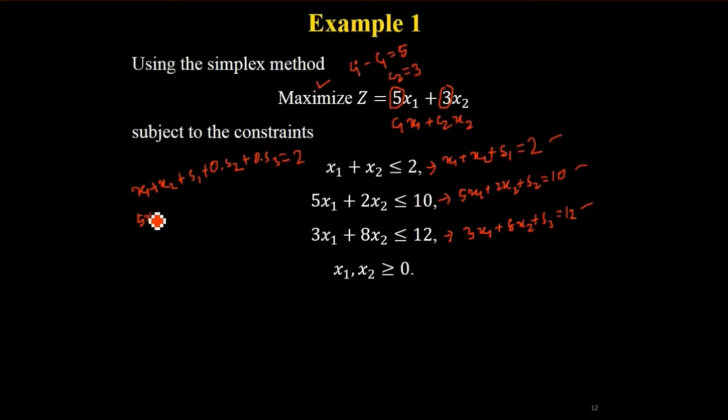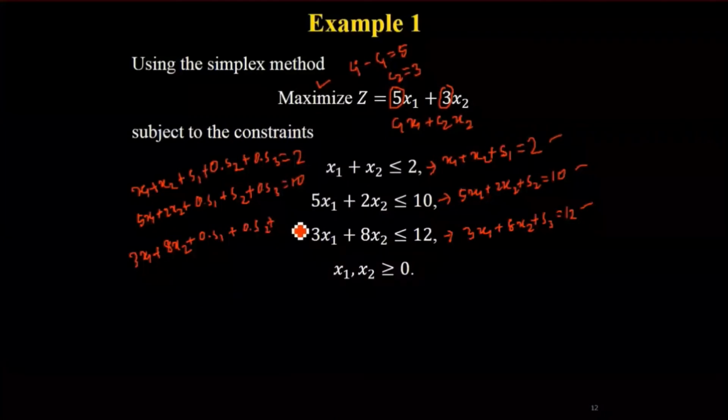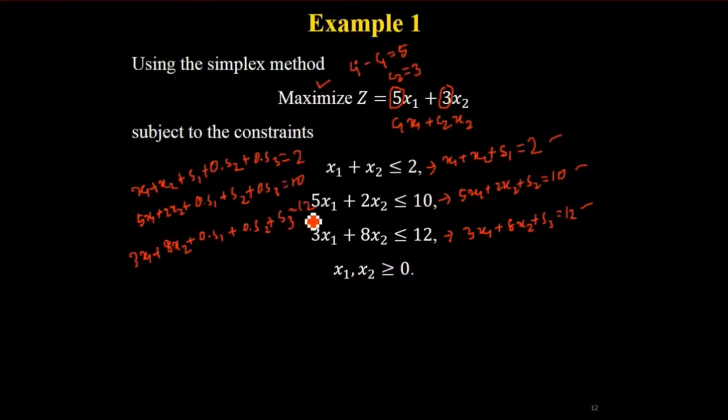Second, we can write 5x1 + 2x2 + 0 into s1 + s2 + 0 into s3 = 10. Next, we can write 3x1 + 8x2 + 0 into s1 + 0 into s2 + s3 = 12. Okay, we can write like this.